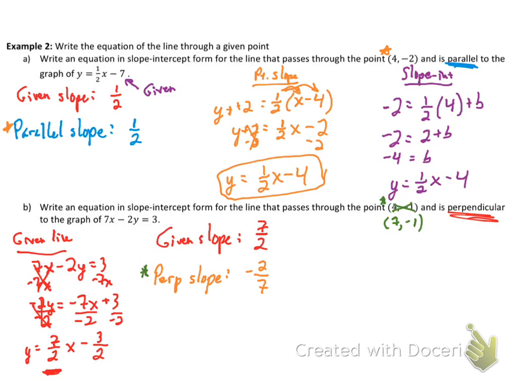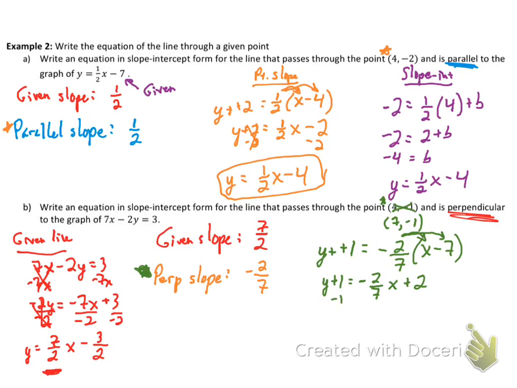Then I'm going to write a new equation in point-slope form to start. So I'm going to take y minus the y-coordinate equals my slope, and I need to make sure I use the perpendicular slope there, times x minus the x-coordinate. Minus a negative becomes plus a positive, so it becomes y + 1 equals, and I need to distribute on the right-hand side, so it's -2/7 x, and then that's going to become plus 2, since -2/7 times -7 is positive 2.